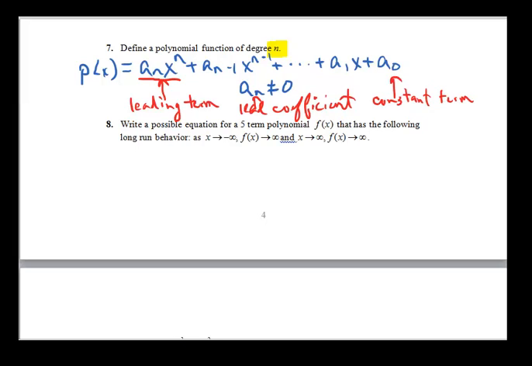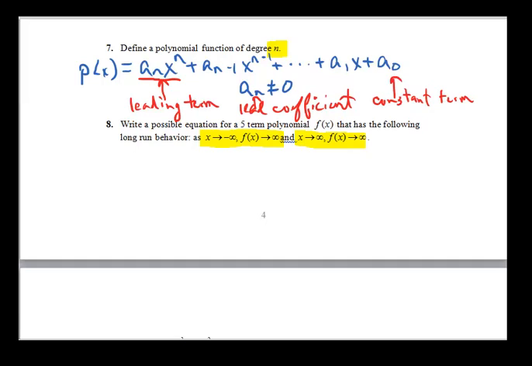So what they ask you in number 8 is to write a possible equation for a 5-term polynomial that has the following long-run behavior. The long-run behavior is as x goes to negative infinity, y goes to infinity, and as x goes to infinity, y goes to infinity.